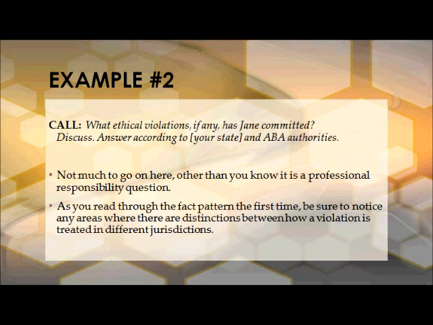And we know that there's probably going to be one or two distinctions between your state's ethical rules and the ABA authorities. Now, obviously, if your state has adopted the ABA rules, you probably wouldn't get this sort of question, but a lot of states have not adopted them verbatim, so these kinds of questions crop up. But you really don't know much else.